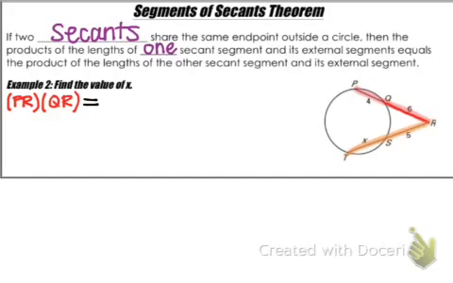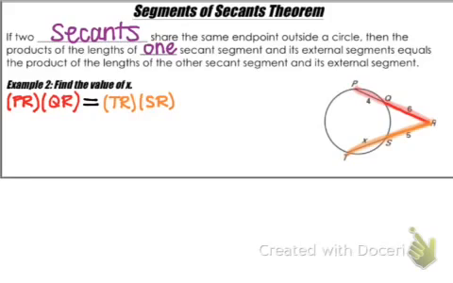And that's equal to the whole entire other secant, which is TR, multiplied by its external segment, which is SR. So the whole times the outside part equals the whole of the other secant times the outside part.